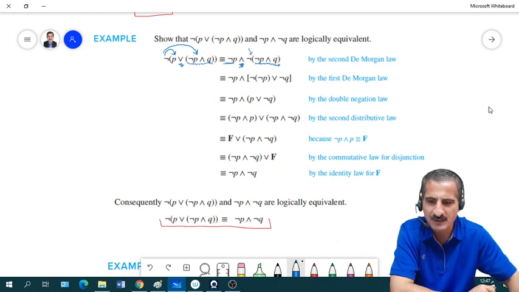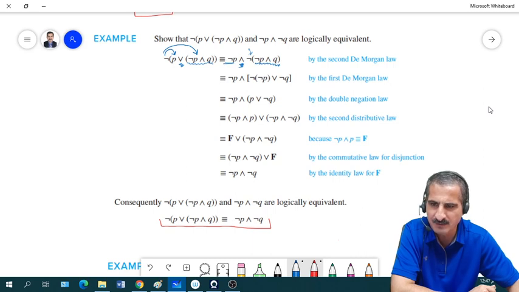Okay. Now we will use De Morgan's law again, the second De Morgan's law. We will distribute, so not P, we get it here, and then we get not Q. But see, the and is changed to or. Now the next step, this gives P, not Q is waiting here, not P is waiting here.